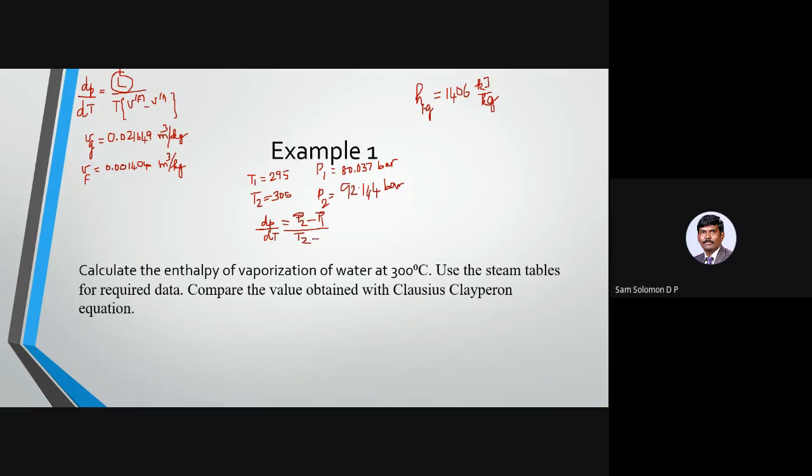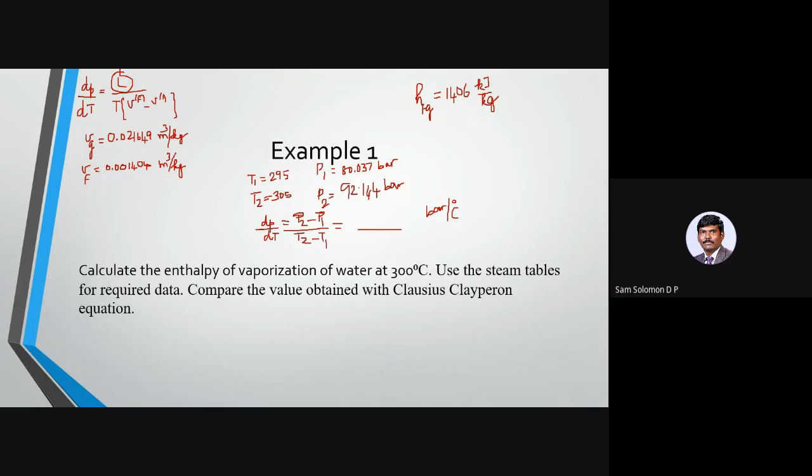If you substitute these values, you'll get some answer in bar. In the numerator you have bar, and in the denominator you have degree centigrade. So your dP by dT is bar per degree centigrade. You can also call it bar per Kelvin. Nothing wrong. But you have to be very careful here. This T should be substituted in Kelvin.